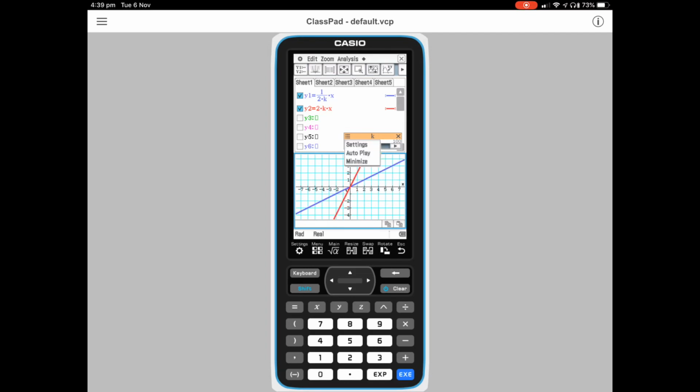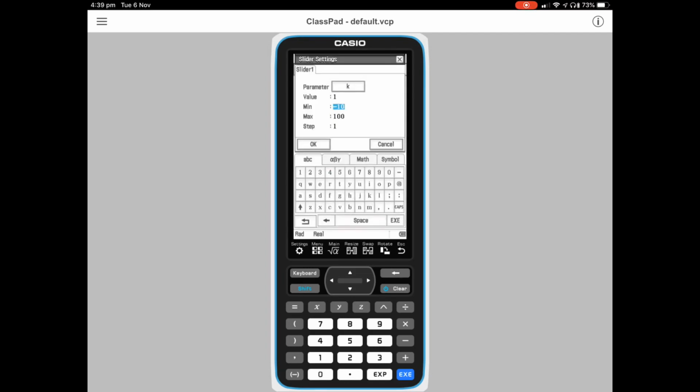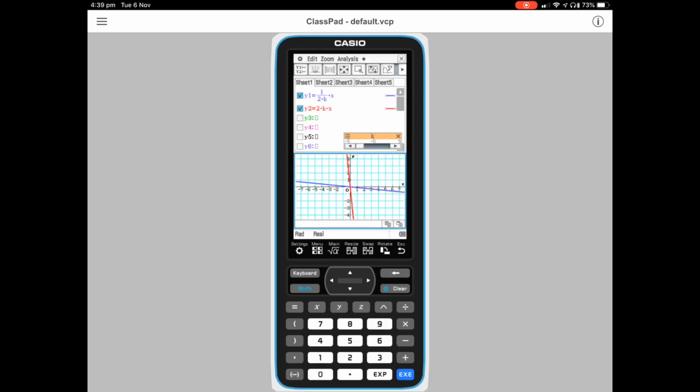But let's change our values. I'm going to go from -5 to 5, and I'm going to make my step 0.25 and start with -5. So let's just see what occurs as we change this value. Here, as it gets larger and larger, the angle between the blue and the red could be 30 degrees, and then as we increase k, the angle could be 30 degrees and red is bigger than blue.